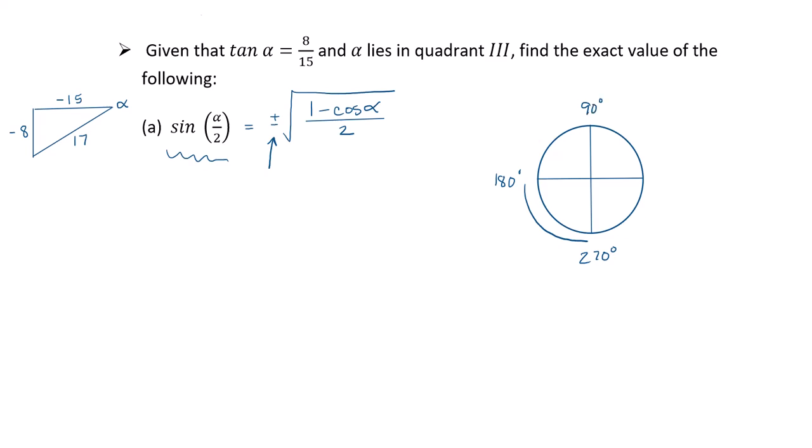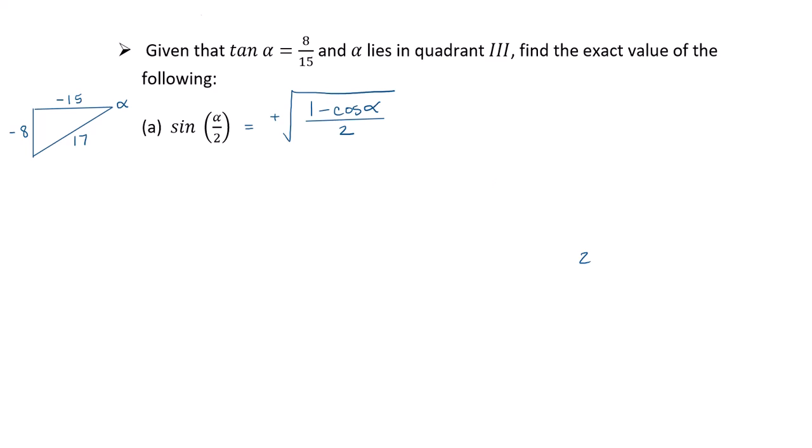Half of 270 is 135. So the half angle is going to live somewhere here in the second quadrant. And I know in that quadrant that my cosine is negative, the sine is positive. So positive is what I'm going to go with because we're talking about the sine of this alpha over 2.